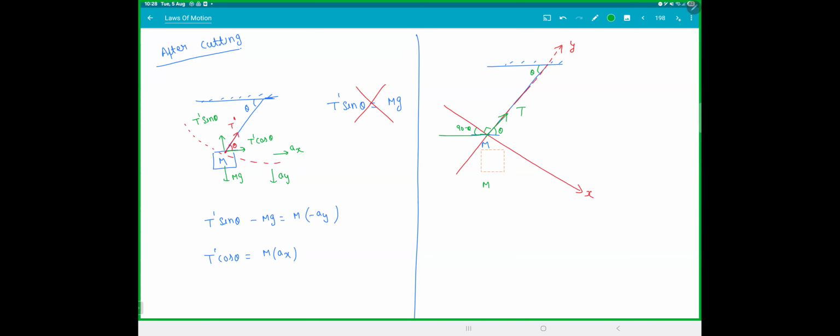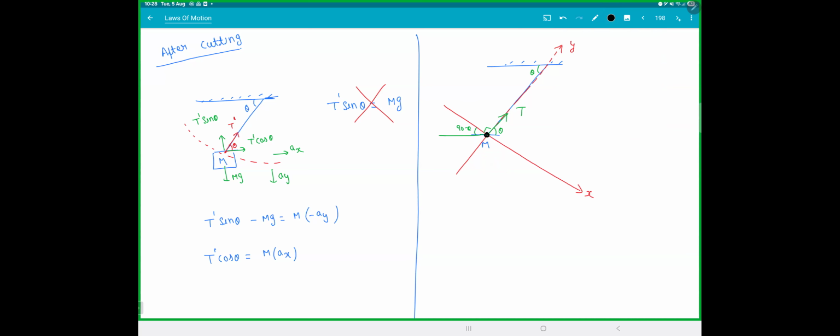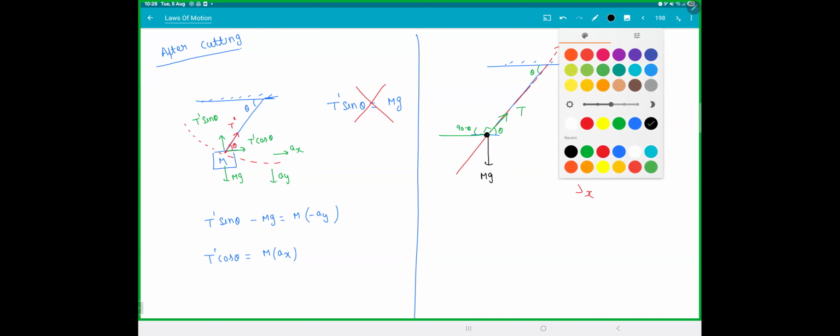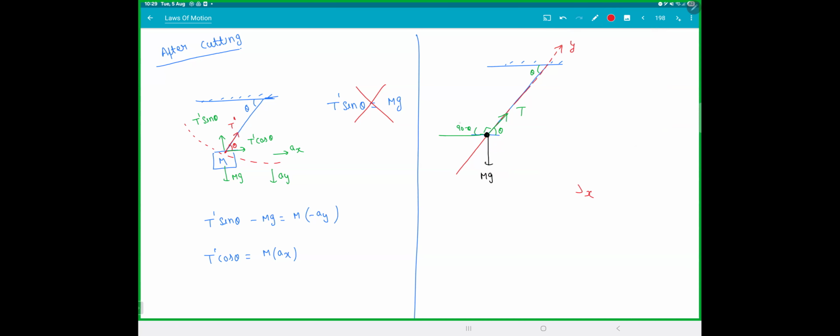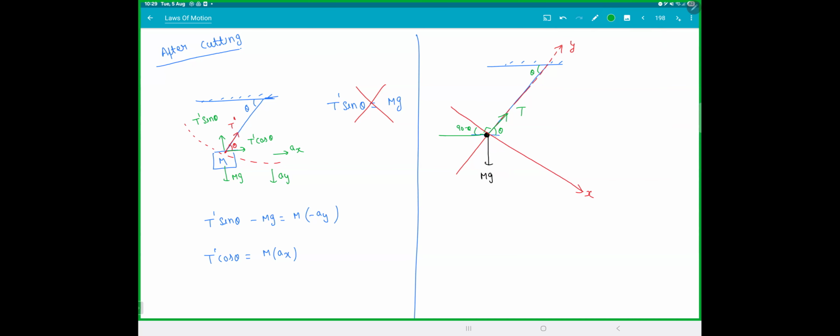Wait, I'll put just a small bob there. This will be theta. This will be 90 minus theta. So look at the components. I hope everyone got the angles there.